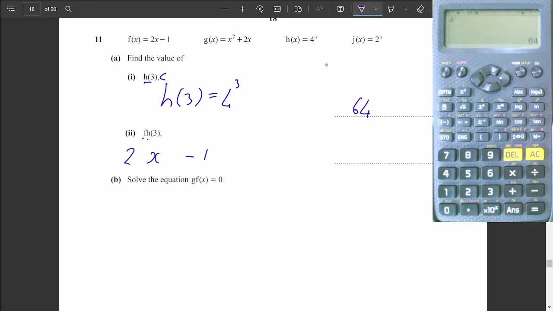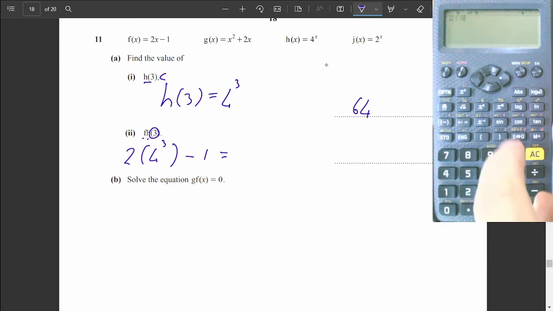Then into that function, we put the function of h. So instead of x, we now put 4 to the power of x. And then, of course, as well, they've changed the x for a 3. So we change that for a 3. Okay. So just hammer that into our calculator. And there we go, 127.